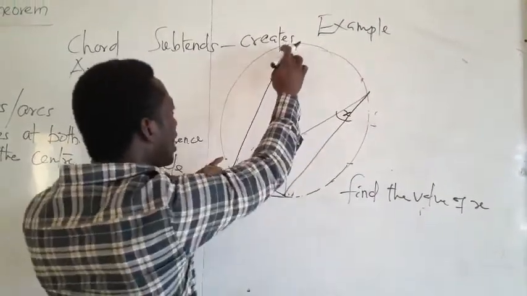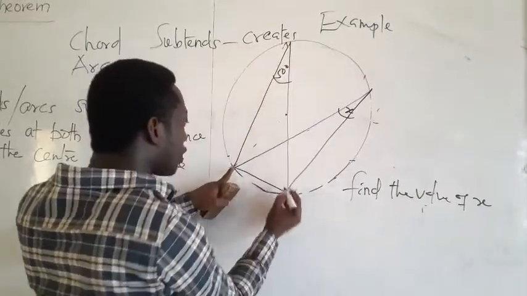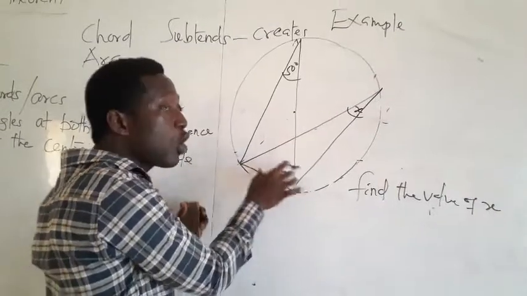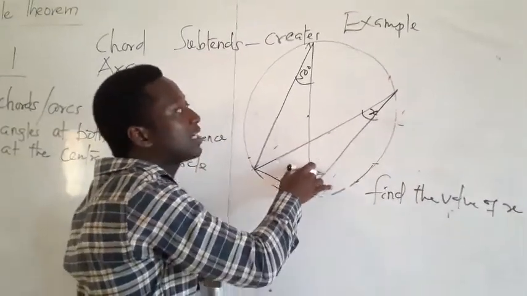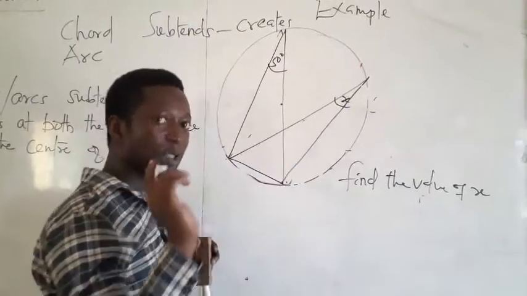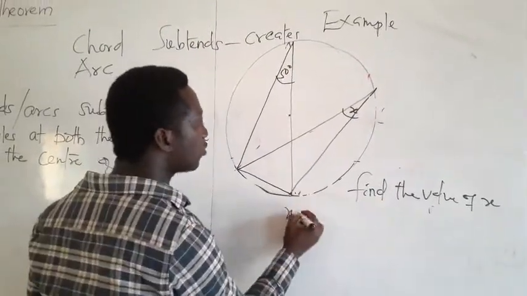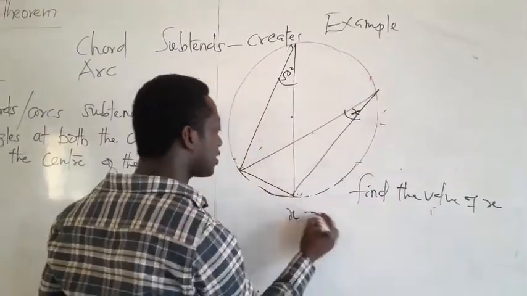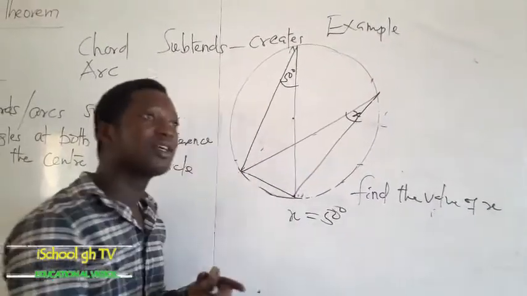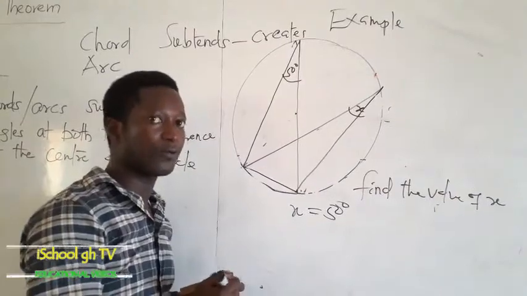Now let's consider angle 50. Angle 50 also originates from the same chord. So it means that we have equal chords subtending angles at the circumference. Therefore, the angles at the circumference should be the same. So if here is 50 degrees, therefore here is equal to 50 degrees. Why? Because equal chords subtend the same angle at the circumference.